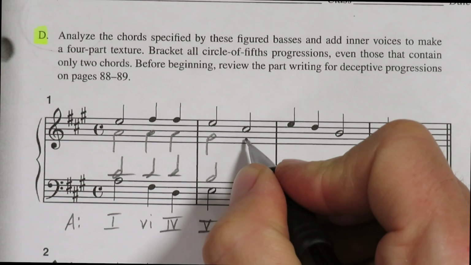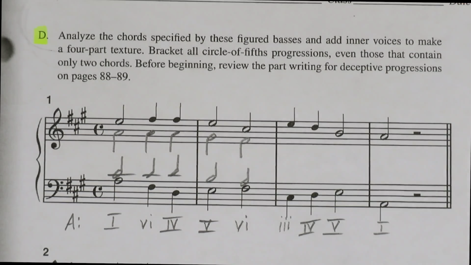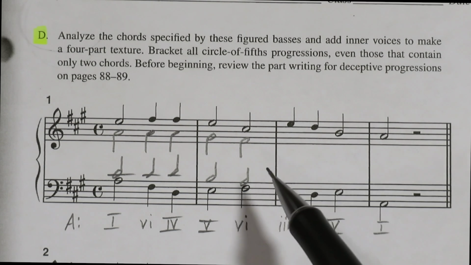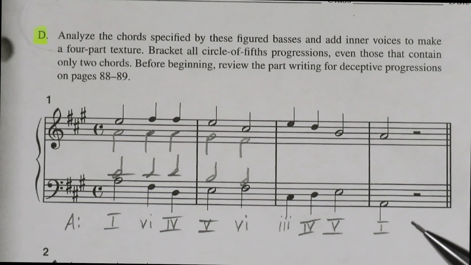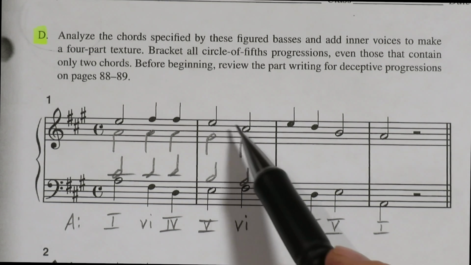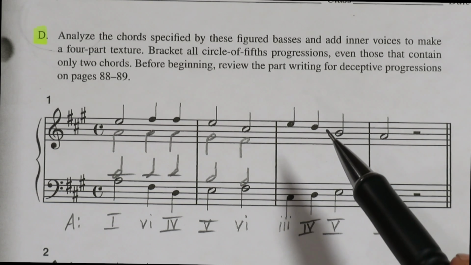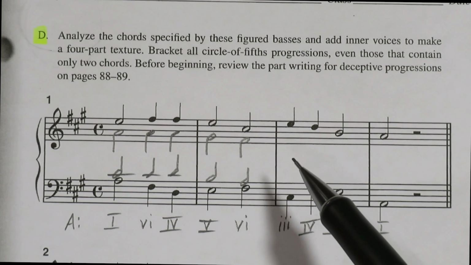And then we have our F sharp here. Okay, that's a 6th to a 5th. Very good. We have a leap. The bass is moving in contrary motion.